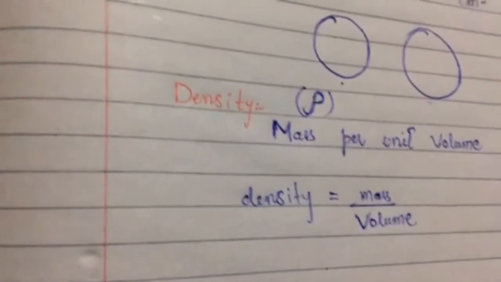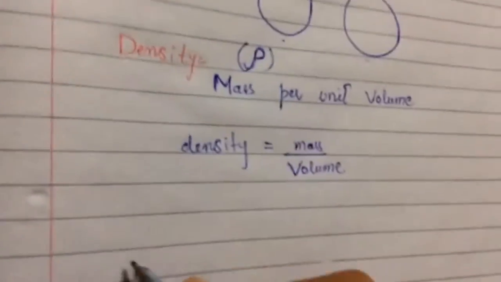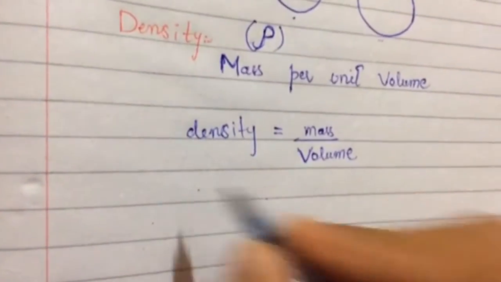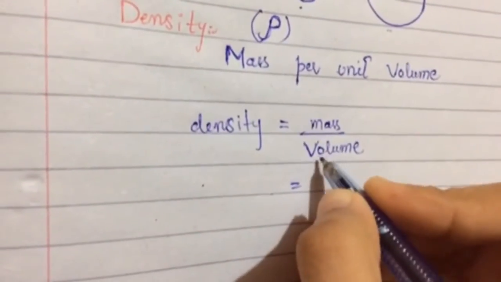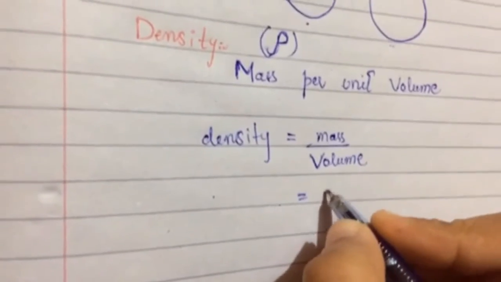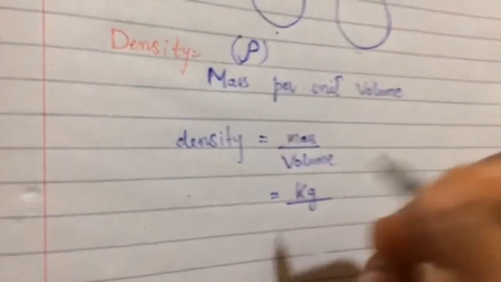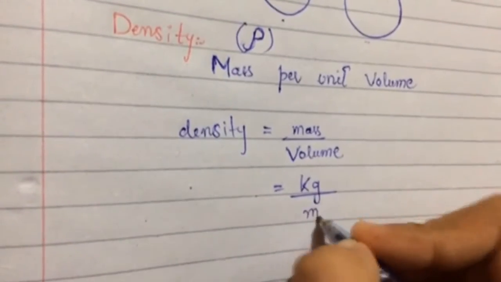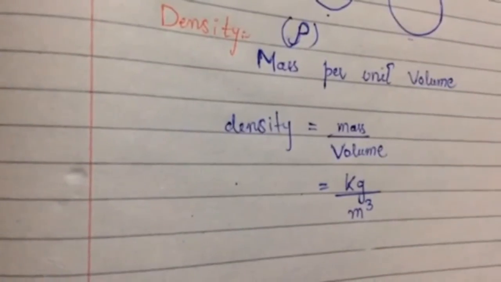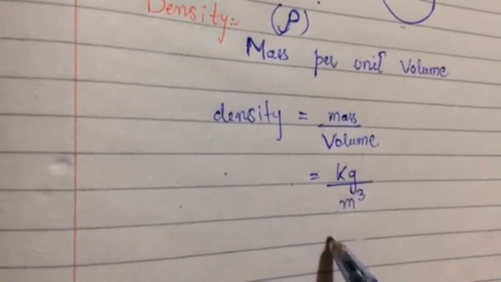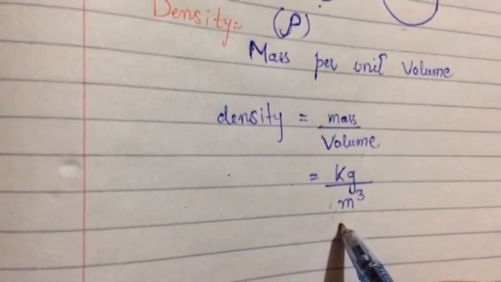Now the units of density. If we use this formula, the common unit is kg per cubic meter, a kilogram per cubic meter, in the metric system.